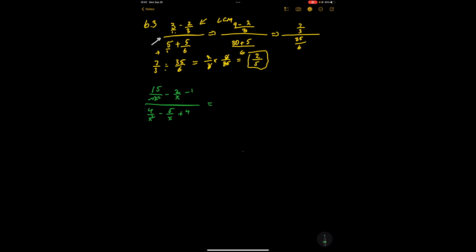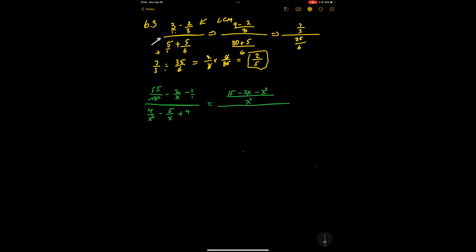Therefore, the biggest denominator will be x squared. x squared over x squared is equal to 1, 1 times 15 is 15. x squared over x is x, x times 2 is 2x. x squared divided by 1 is x squared, x squared times 1 is x squared.